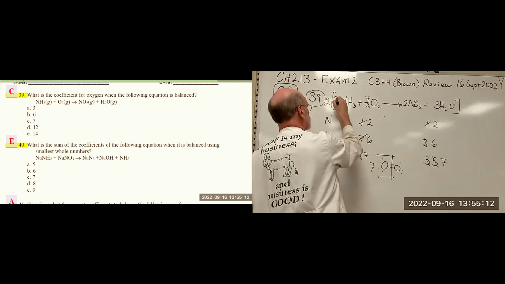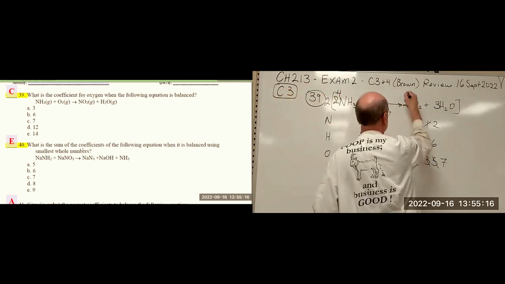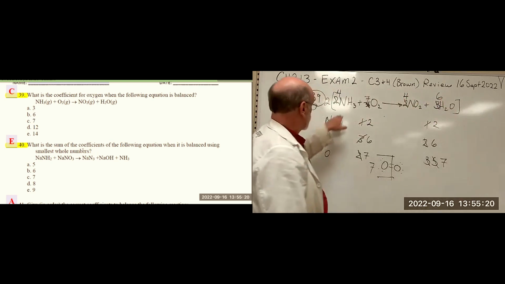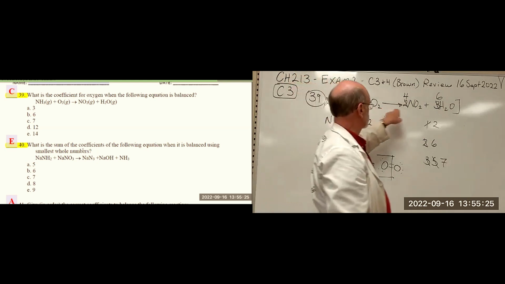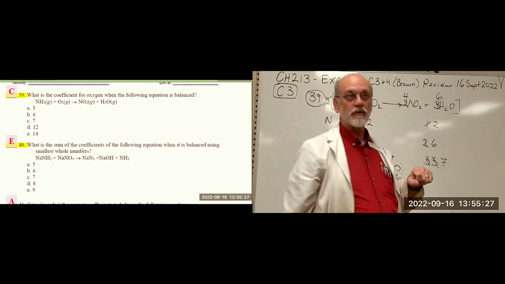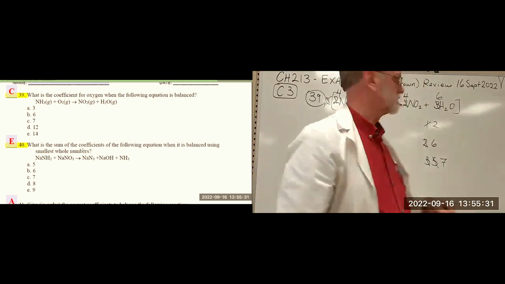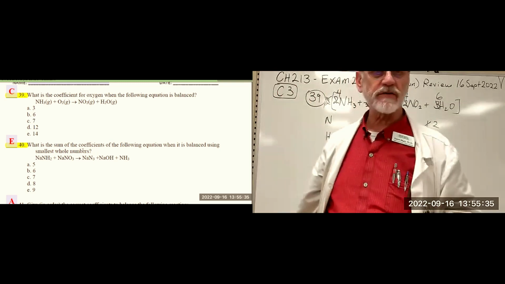Right. So now this one becomes 4, this one becomes 7, this one becomes 4, and this one becomes 6. So 4, 7, 4, 6 are the coefficients. Which one do we need? Oxygen. 7 is the coefficient for oxygen, which is C.